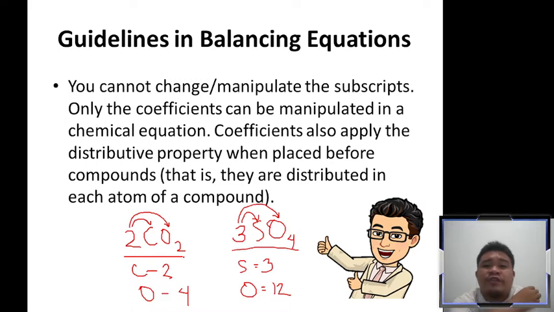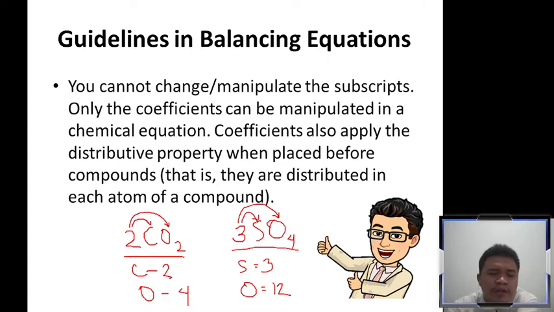Okay, so that is how subscripts and coefficients work. The only thing that you cannot change in a chemical equation are the subscripts. The only thing that you can manipulate are the coefficients. Okay, so I hope that you understand that one.